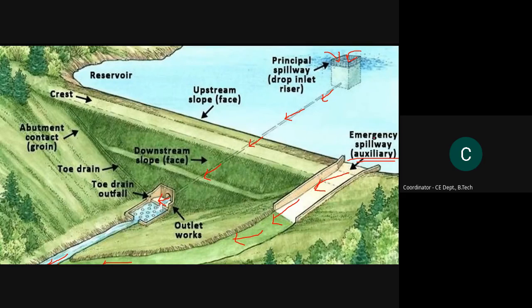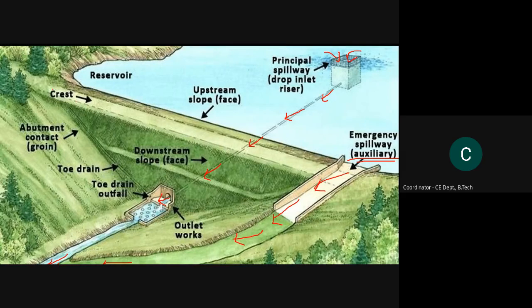Now this part is called the downstream slope face, and this is called the crest, over which transportation or communication can be done.